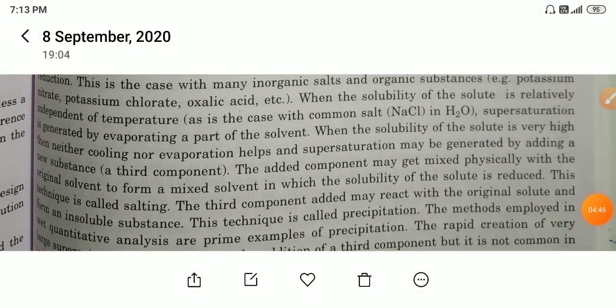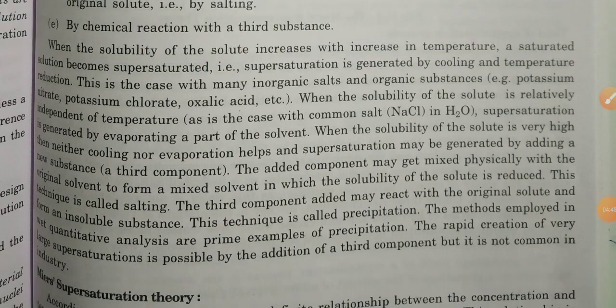For example, supersaturation is generated by cooling and temperature reduction. This is the case with many inorganic salts and organic substances, for example potassium nitrate, KNO3, potassium chloride, KCl, and oxalic acid.